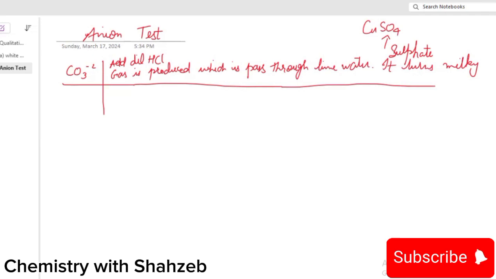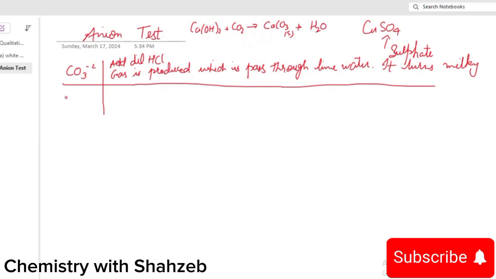Remember one thing: what is lime water? Lime water is calcium hydroxide, and when it reacts with carbon dioxide, calcium carbonate forms as white precipitate, along with water. Because of the formation of calcium carbonate, the calcium hydroxide turns milky.